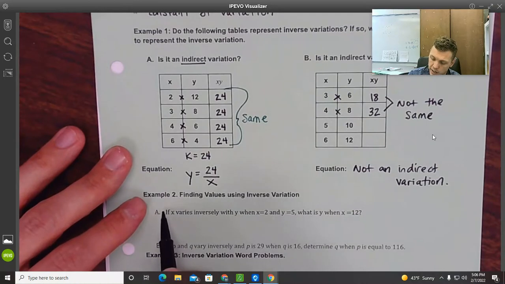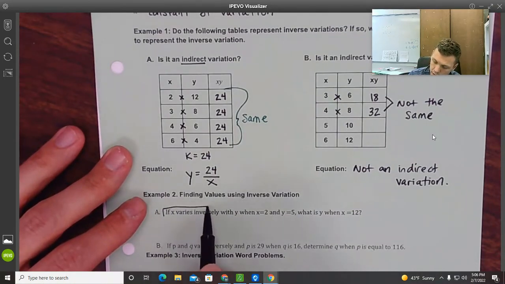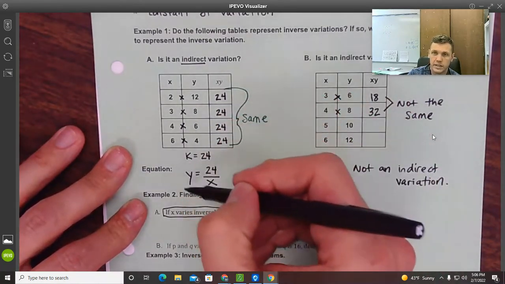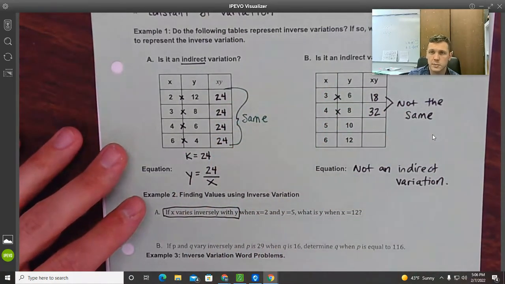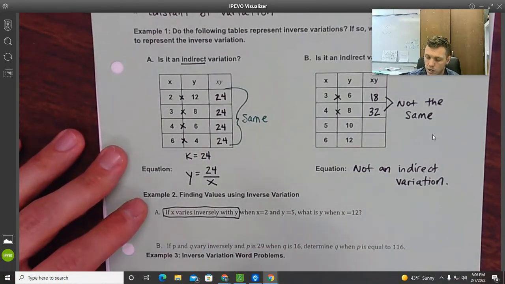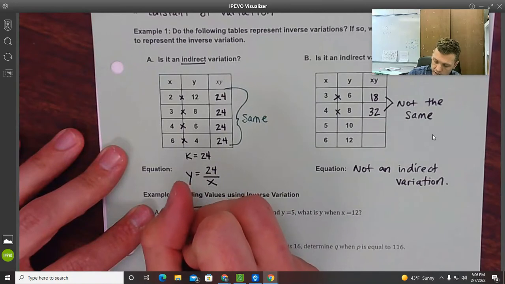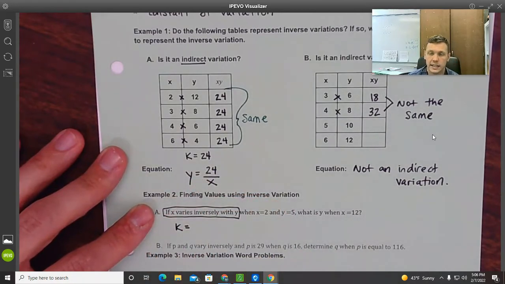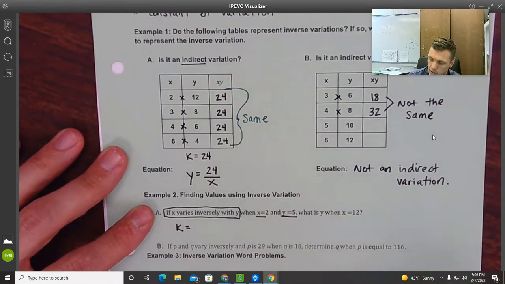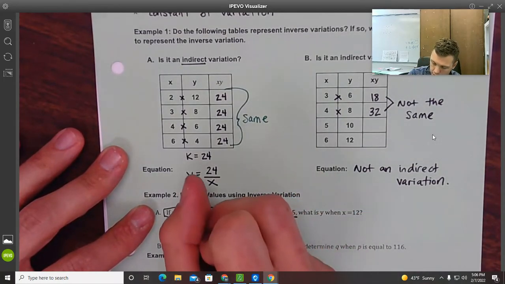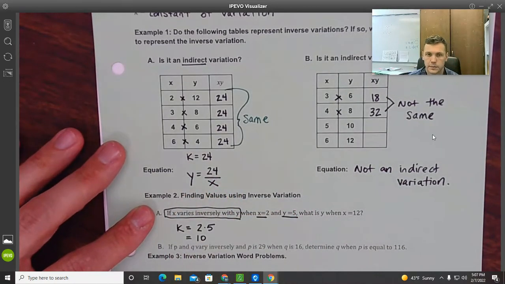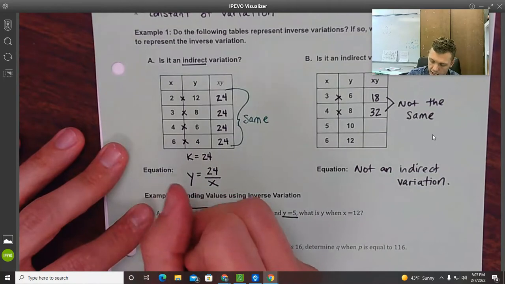Okay, so this right here tells us that we can write one of these equations. That just means it is an inverse variation or an indirect variation. So what we want to do is try to find k. So k, we multiply the 2 and the 5, which is 10. Okay, so k equals 10.